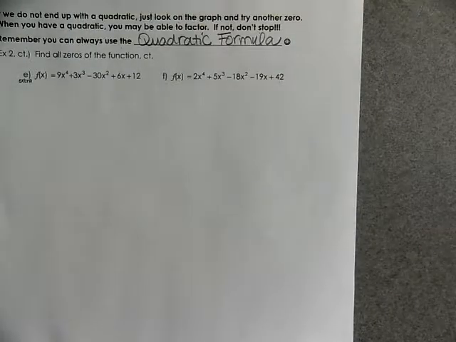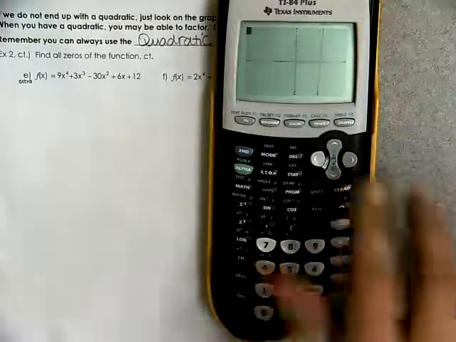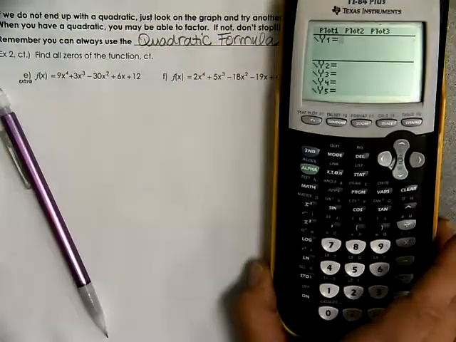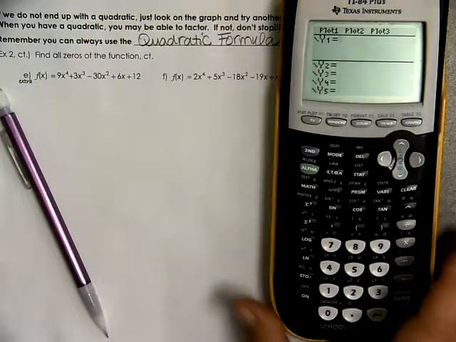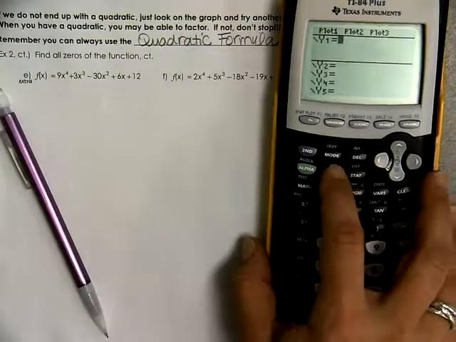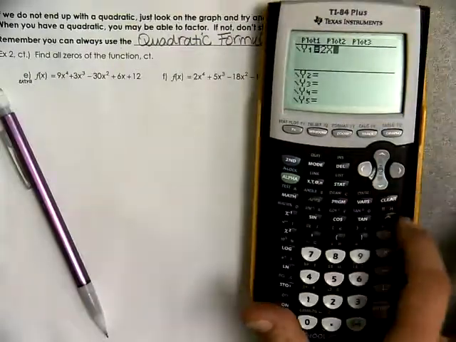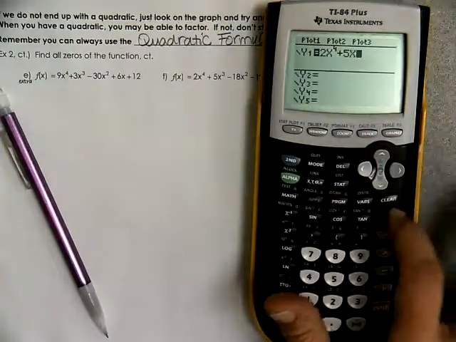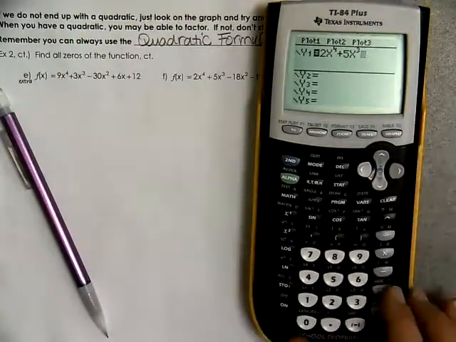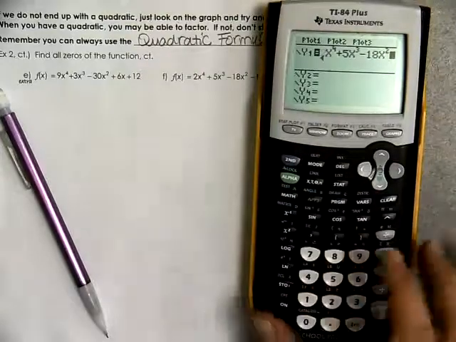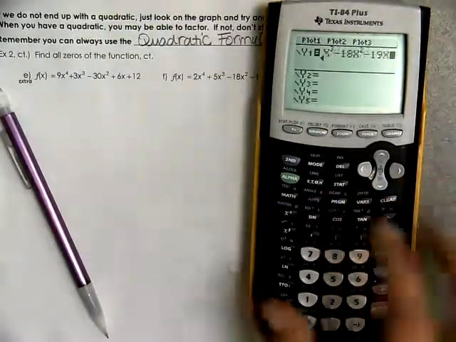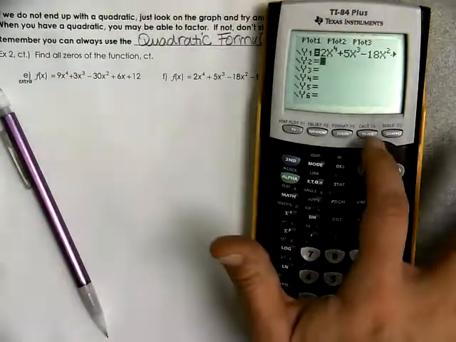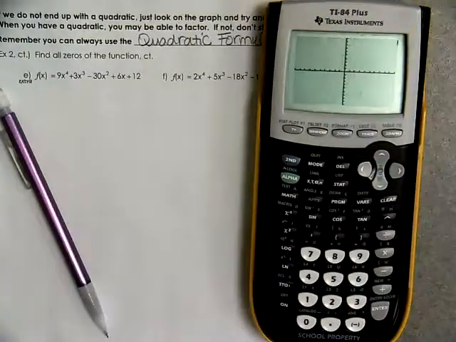So let's put this in our graphing calculator: 2x to the 4th plus 5x cubed minus 18x squared minus 19x plus 42. Okay. And then we can zoom 6 it.